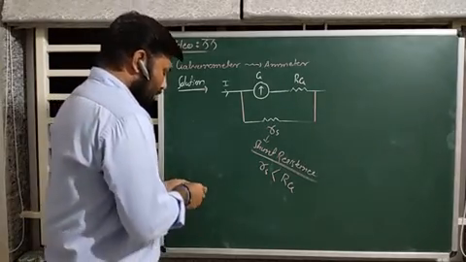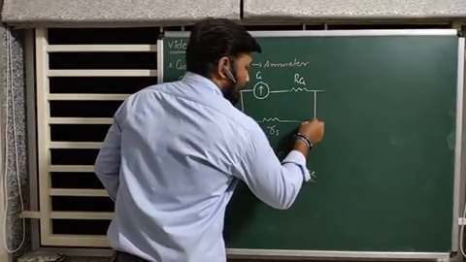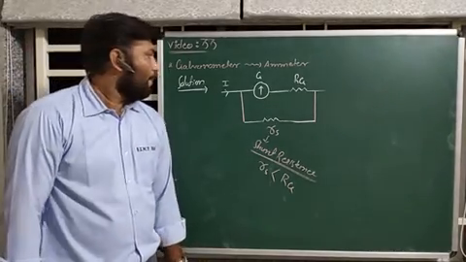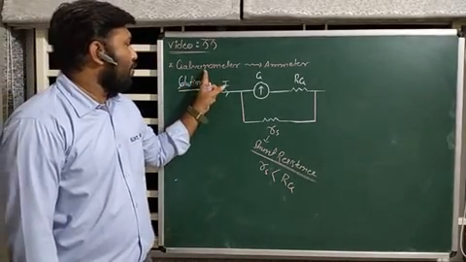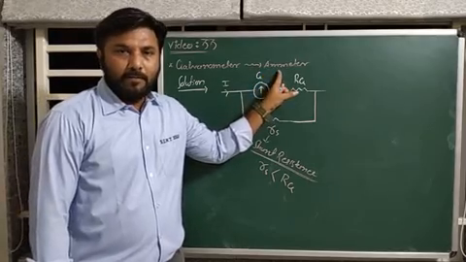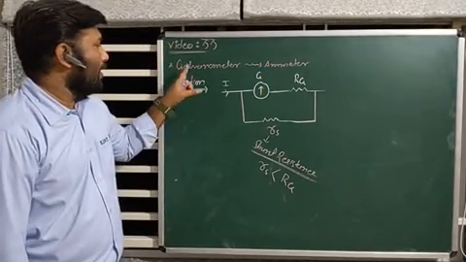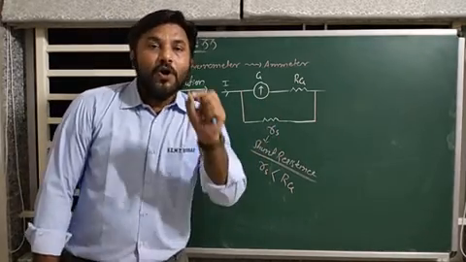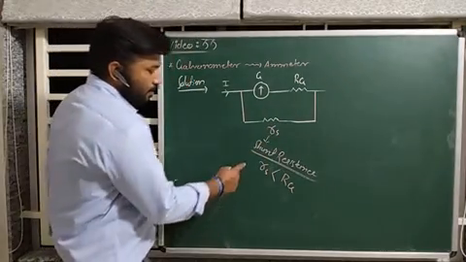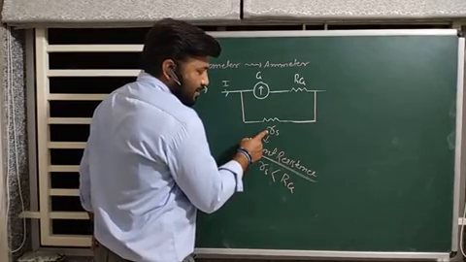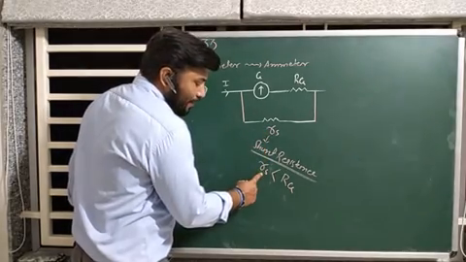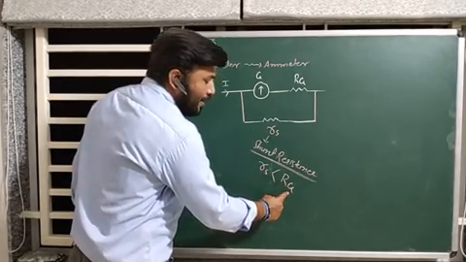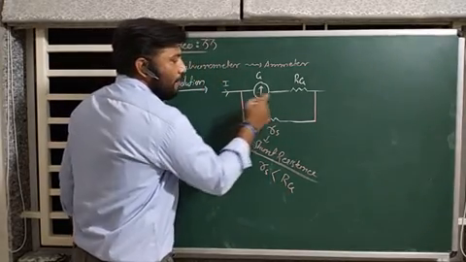So what we have done: to convert a galvanometer into an ammeter, meaning to convert it into a current measuring device, we have to connect a shunt resistance Rs, whose value is less than the resistance of the galvanometer, in parallel.